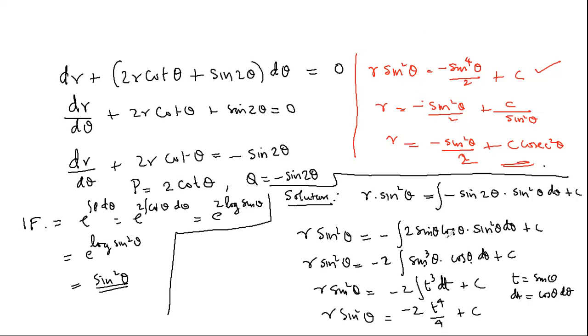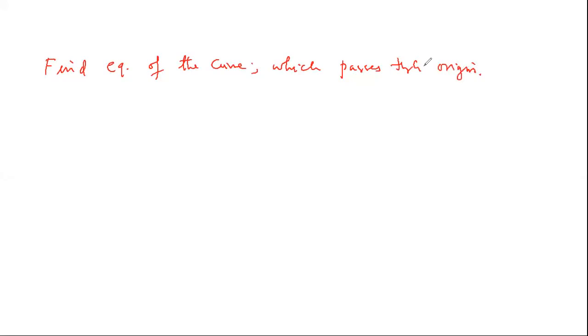Okay, I'll go to the next type of problem. So write down the question. Find the equation of the curve. This curve is satisfying some conditions. What are the conditions? It passes through the origin, and has a slope x plus 3y minus 1.